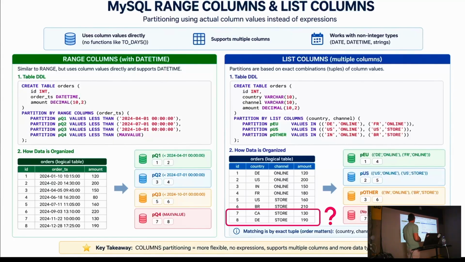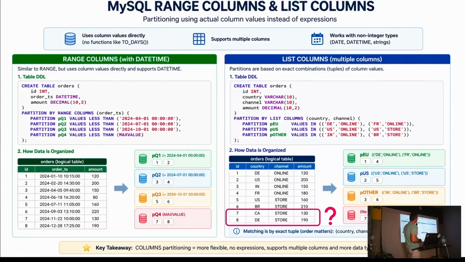You can put strings, datetime, timestamp, and it has a simpler way of defining those things. So if you have a datetime column and you specify RANGE COLUMNS, then you can directly specify the column name. You don't need to provide additional functions. And here in the values list for the ranges, you are defining the strings for those dates that you want. So again, no functions are needed.